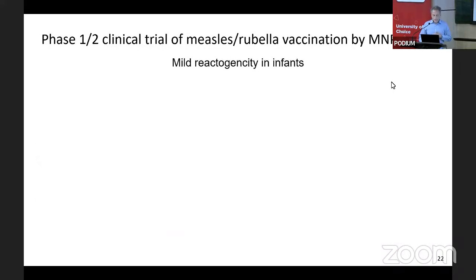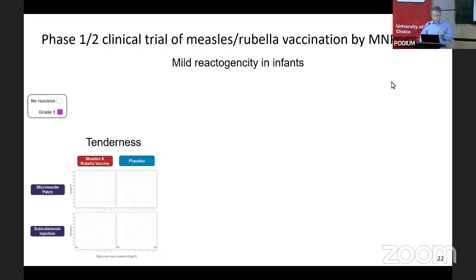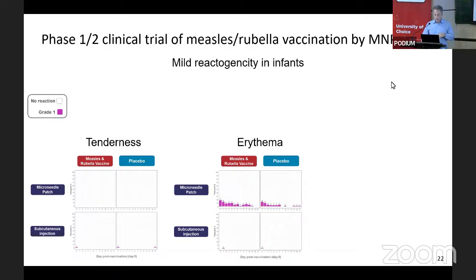We also looked at safety and various things were assessed. I'm showing the reactogenicity here in the infants. So in terms of tenderness, we essentially didn't have any reports of tenderness after the vaccination. Erythema, there was some. So you can see in the upper left quadrant of the four, that is the microneedle patch site after the vaccine was given at that site.